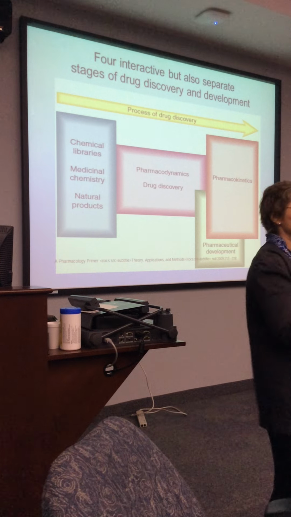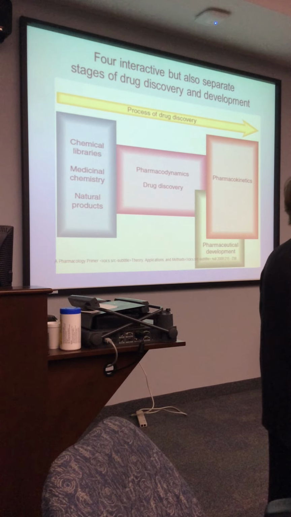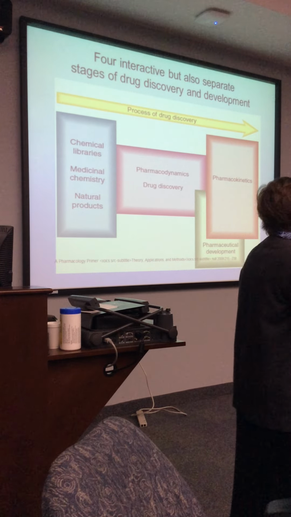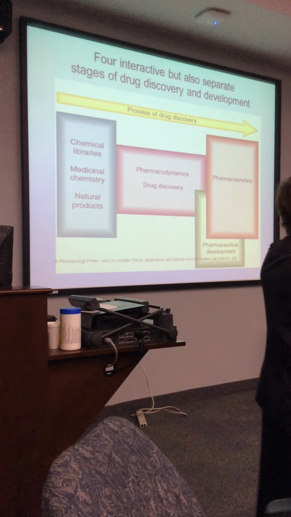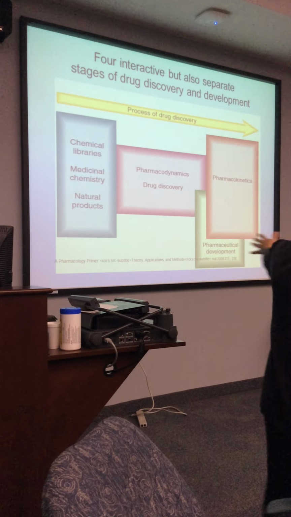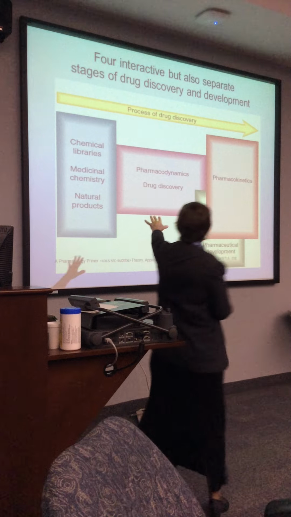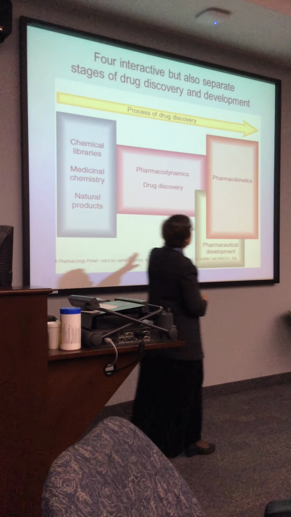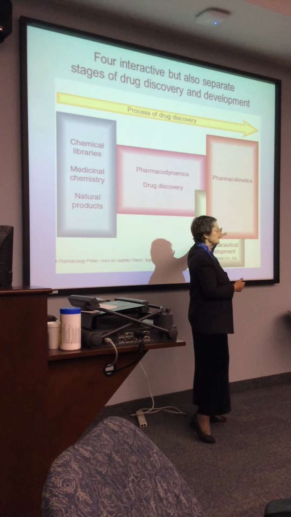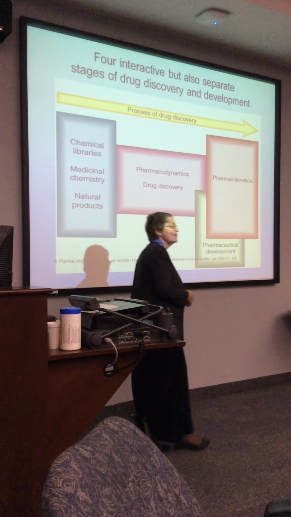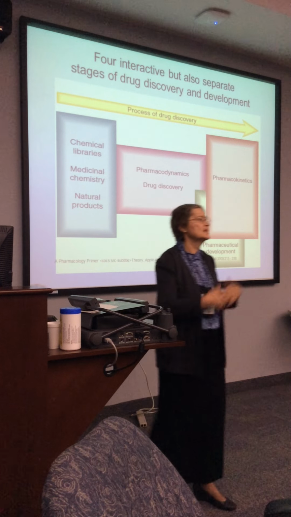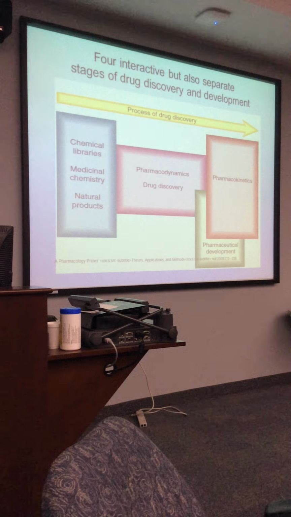And there our basic science knowledge becomes very, very important, because this is before you ever begin to think about clinical uses. You really have to know a little bit about how it works. And then you have to know about how it gets into the body and how it's distributed. If it doesn't have the ability to get into the brain because of a blood-brain barrier, but your disease is a brain disease, then that drug is not going to be very useful.